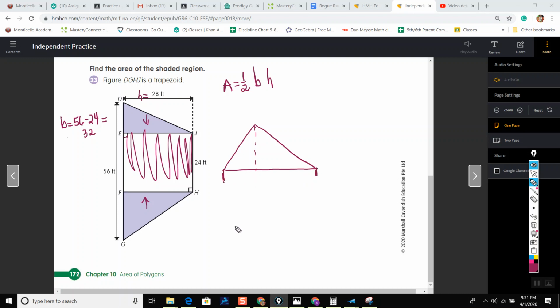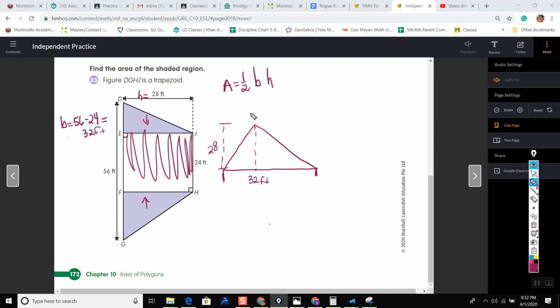Here's my base right here, and then my height is this distance that they gave me right here, which was 28. So how much did I remove here? I removed 24 feet. And so if I go down to here, my base of the whole thing was 56. So my base of my new triangle is 56 minus that middle section I just took out, so minus 24. So I'm left with a base of 32 feet. So my new triangle has a base of 32 feet.